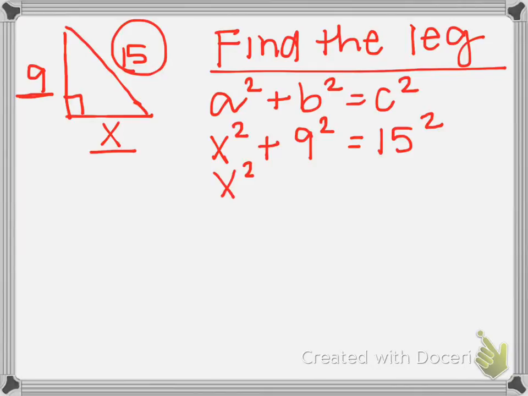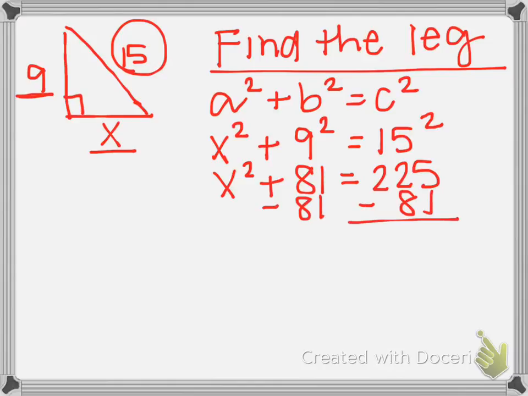So we have x squared, since that's what we're looking for, plus 9 squared, which is 81, equals 15 squared, which is 225. Now I need to subtract the 81 over to solve, which is going to cancel, so I'm left with x squared equals, and if I solve 225 minus 81, I should get 144.